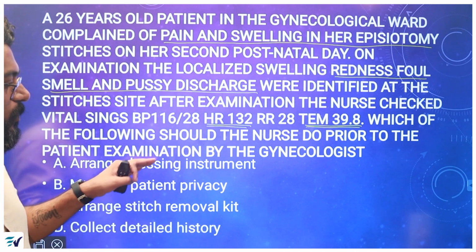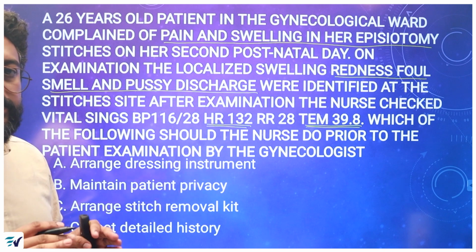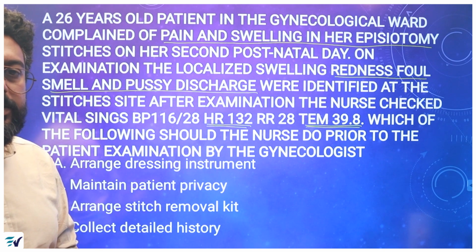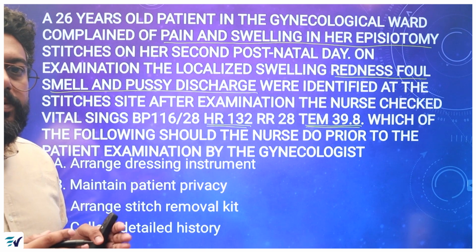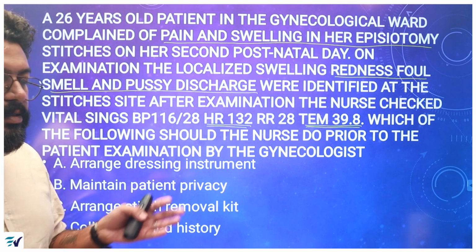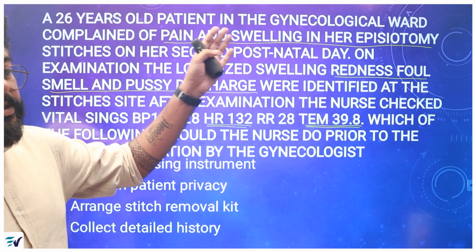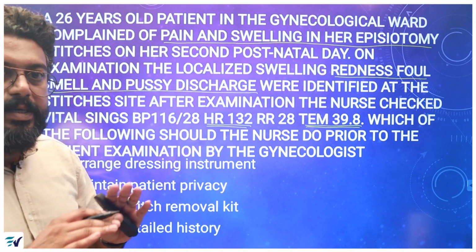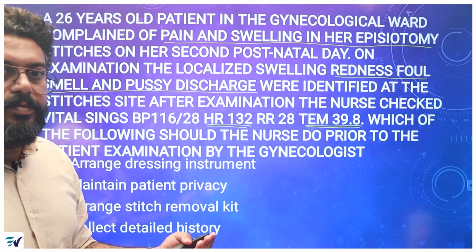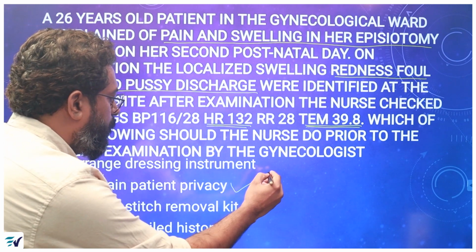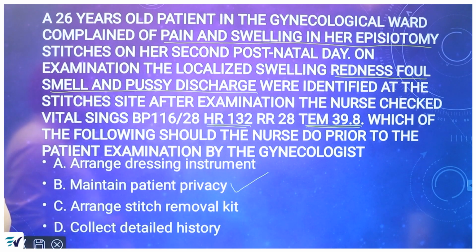So, out of these 4 options, before doing any procedure, the first thing which is important for the nurse to do is maintaining proper privacy for the patient. See here, the assessment is going to be done on the episiotomy wound. So, first important thing is maintain privacy and then start other procedures. So, answer is option B, maintain proper patient privacy.